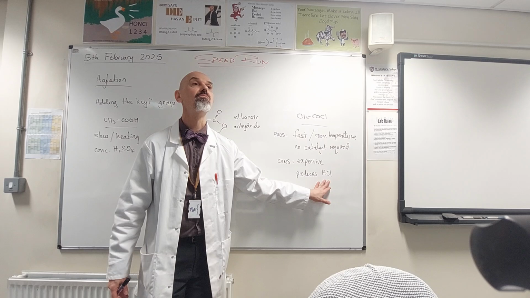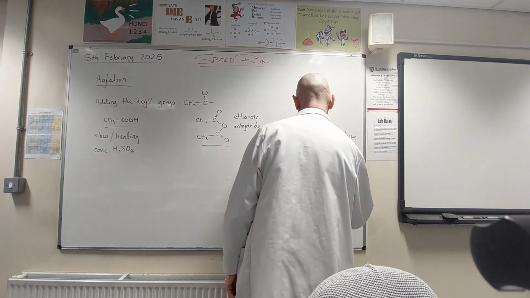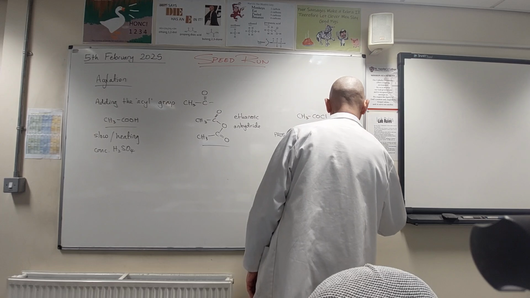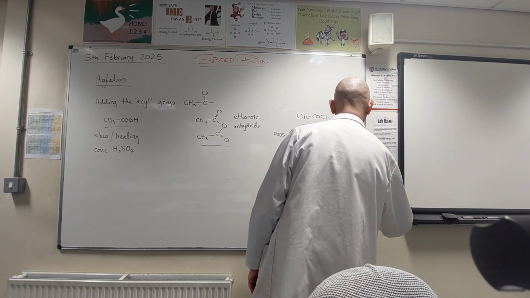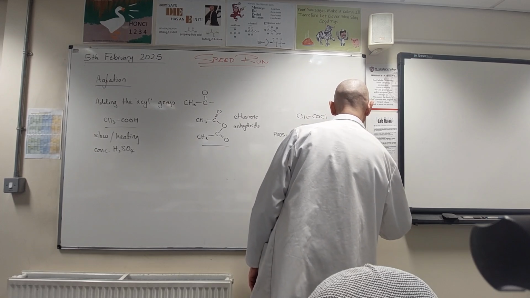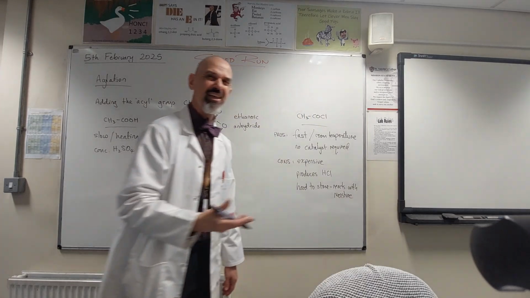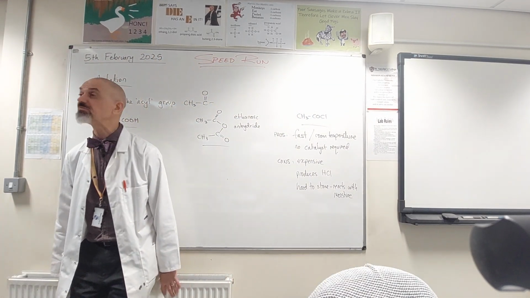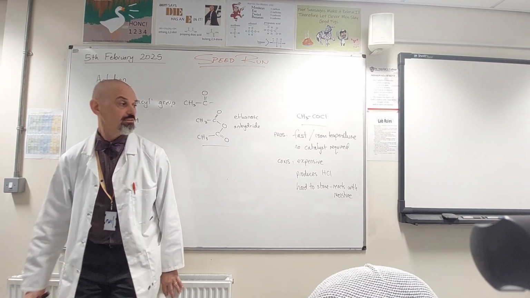Reacts with moisture in the air. Yes, so it's hard to store, reacts with moisture in the air, as you say. It means it goes off easily. If you've got your drums of ethanoyl chloride, you don't want to leave them around. HCl is toxic and corrosive.